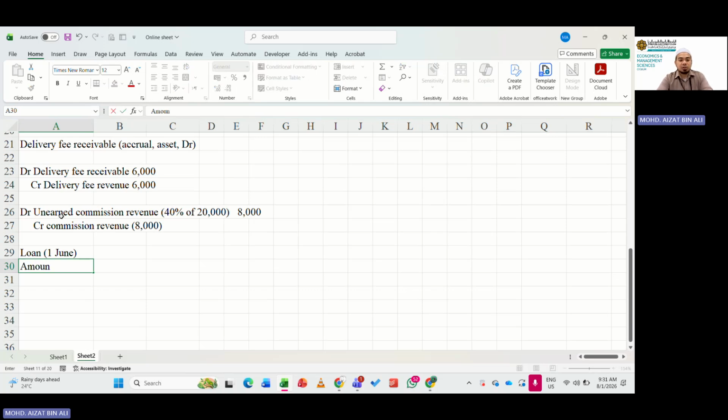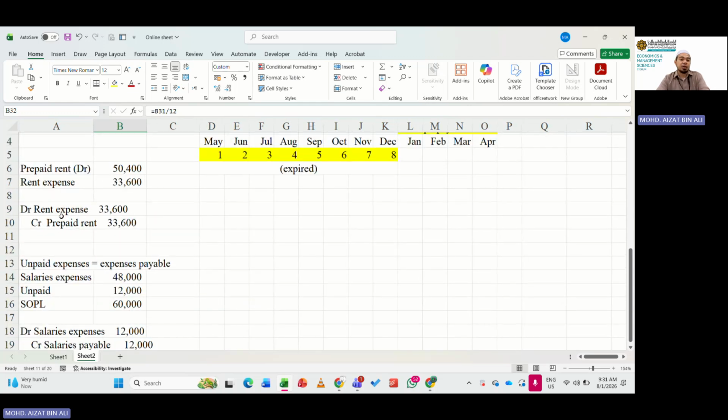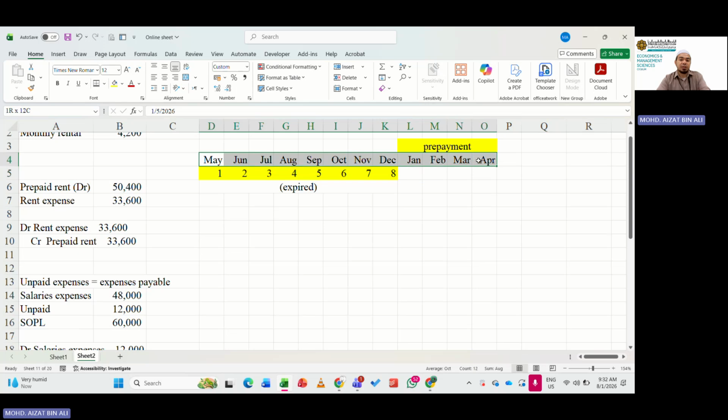So the amount is 50,000 ringgit, and the interest per year is 12% times 50,000. So the interest is 6,000 per year, which is the annual interest. Now we need to find the interest for the monthly amount, so we take this and divide by 12 months. So per month is 500 ringgit. So we're going to do this exact timeline.